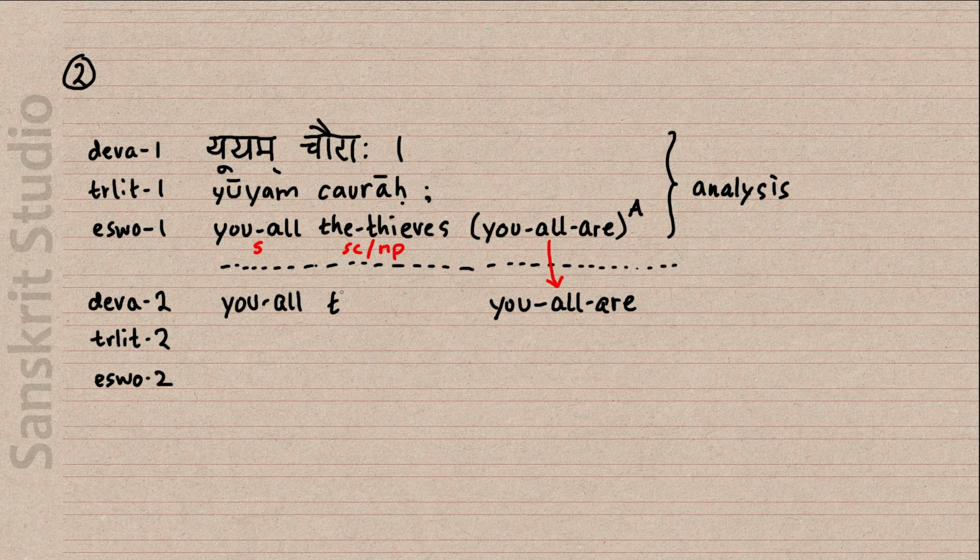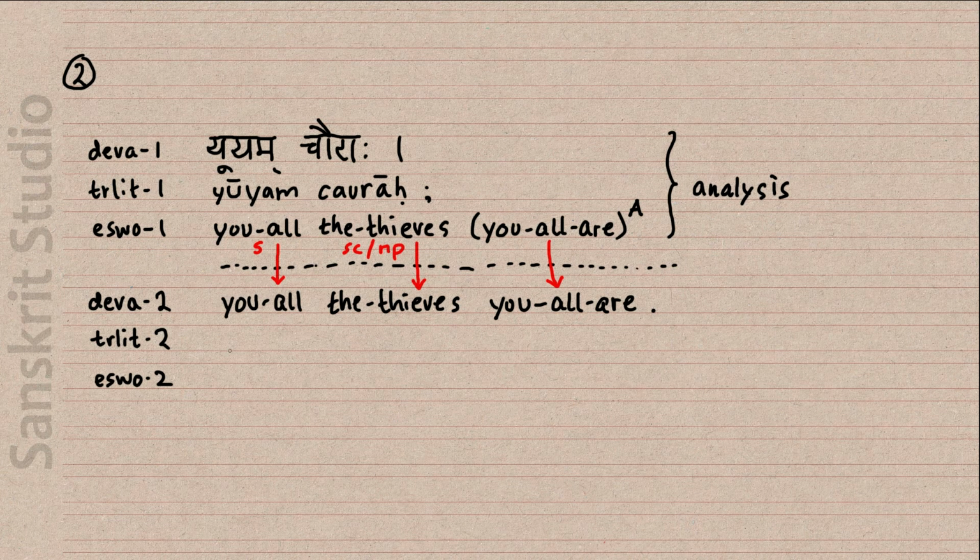So the word order remains then. The thieves. And the arrows are straight. Okay, and we should have a full stop there.